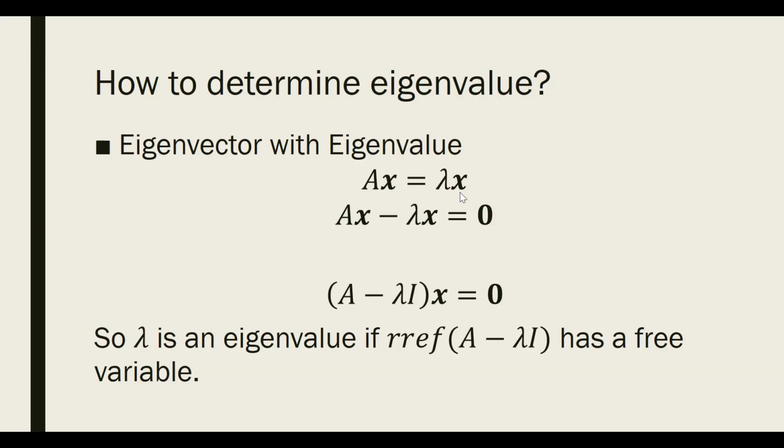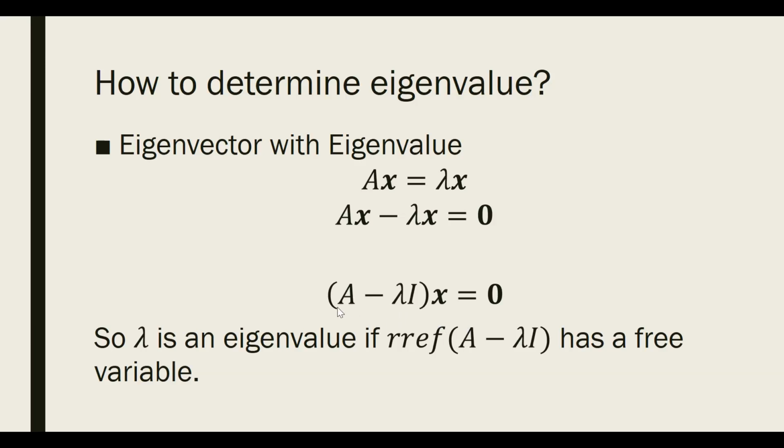If there is such a vector, then A minus lambda I multiplied by that vector is going to give me the 0 vector. Now, if I want a non-trivial solution, if I want my x to be something other than the 0 vector, then that's going to force this matrix equation to have a free variable in it.